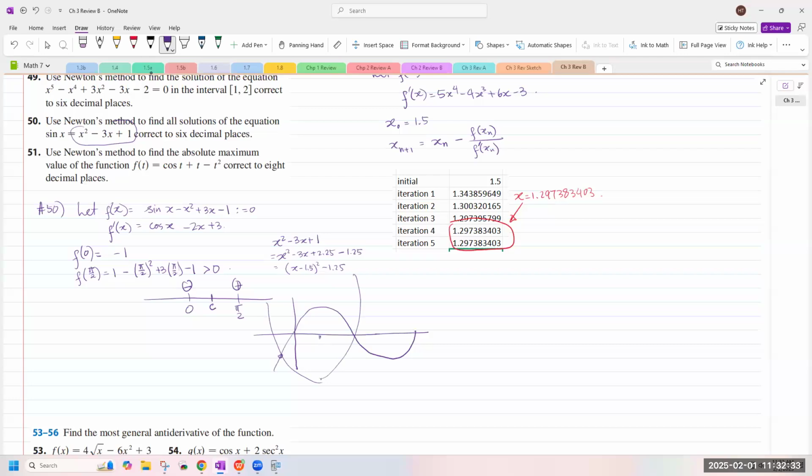So we have one between 0 and pi over 2. Sine x. Hold on. So it seems like there's one here and then there's another one there.